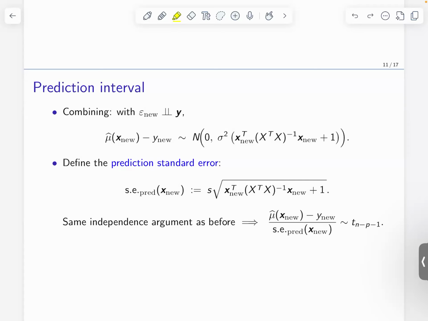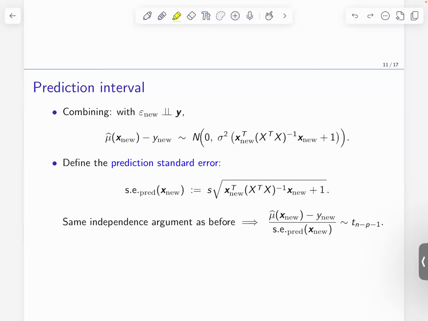So this is again the same setup. You have this new quantity, you can build a pivot. You subtract the mean, there's no mean, so there's nothing to subtract, and then divide by the standard error. By the same argument, this would be t with n minus 1 degrees of freedom. This is a pivot in a sense, although we don't have a parameter here to estimate.